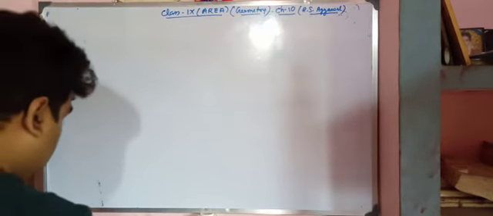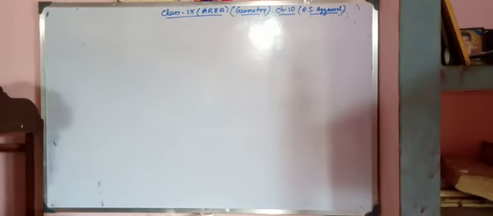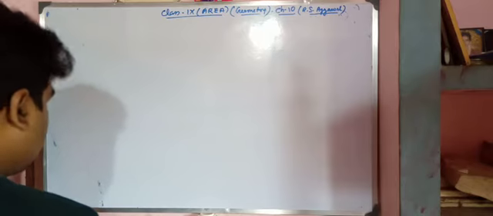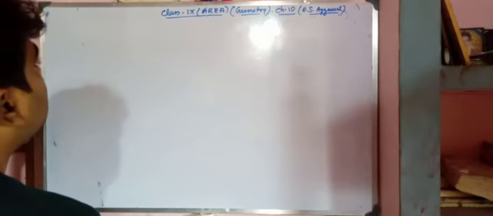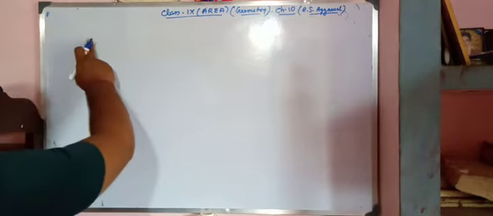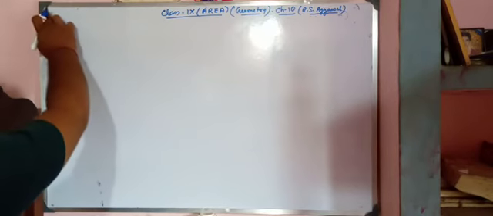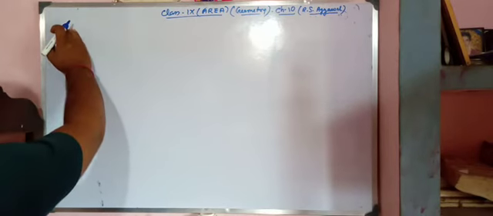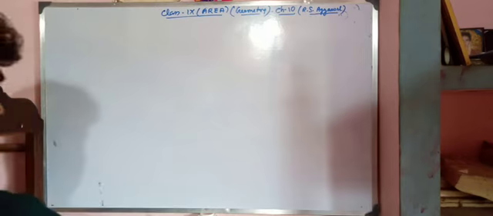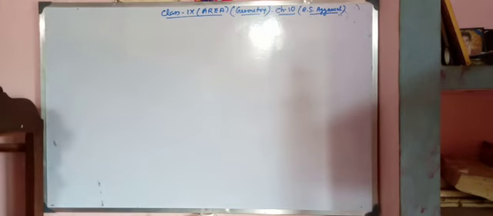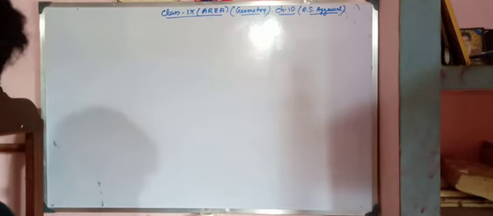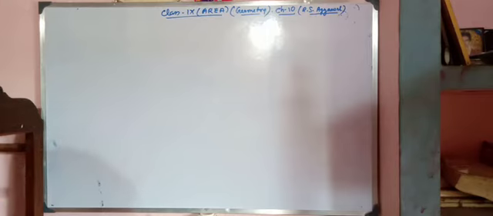Okay, so let's start. First we have to know about the concept, what is area. Now we definitely have an earlier concept about area, and today this is your classwork for today. So write it down in your classwork copy.